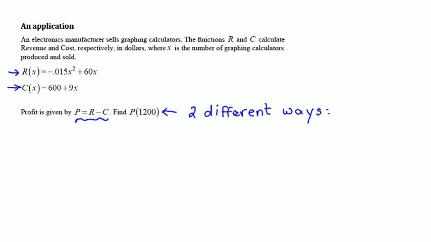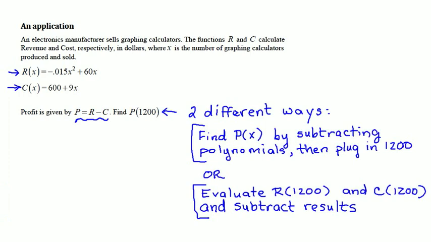However, another way is to plug in 1200 as an input to each of these component functions, revenue and cost, calculate each of those, and then just subtract the results. So to summarize, we can either find P of x first by subtracting polynomials, then plug in 1200 as the input, or start by just plugging 1200 in for x in both R and C, and then subtract the results.